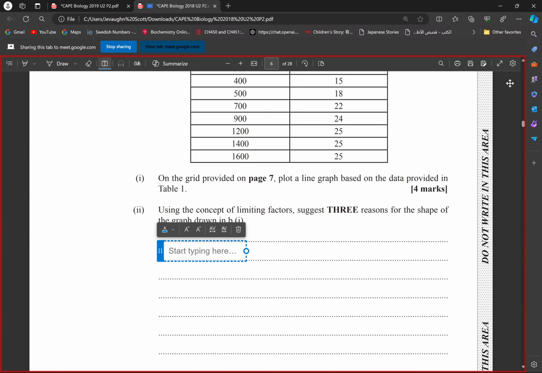So as light intensity increases, so does the rate of photosynthesis until it no longer becomes the limiting factor. So another variable will be hindering the increase of the rate of photosynthesis, or maybe it's just that it has reached the maximum amount of light that the plant can use at a time.